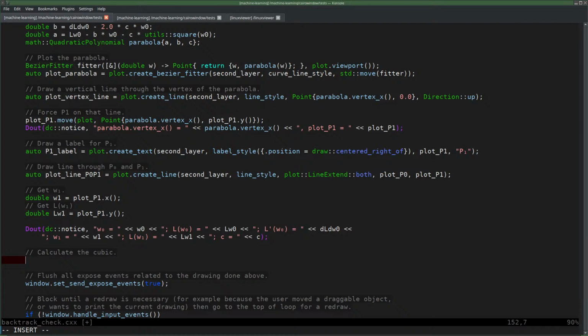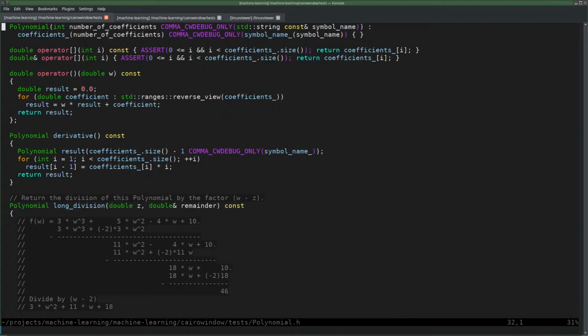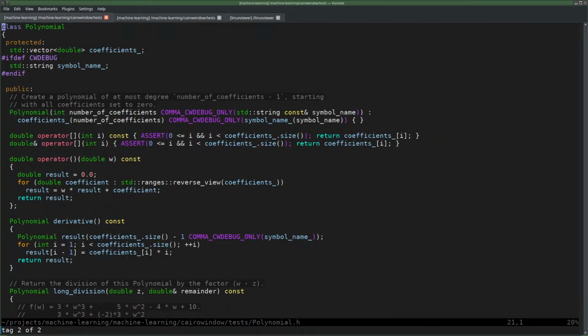I guess I can make use of a polynomial, which I have one in tests itself.